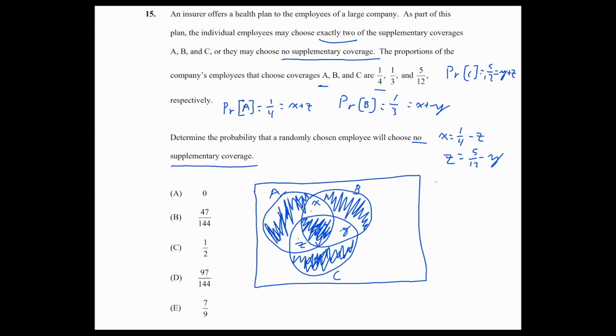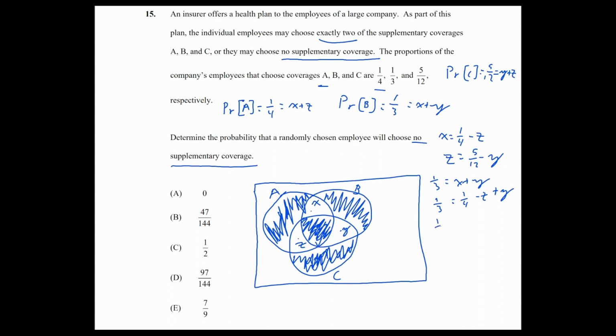So 1/3 is equal to X plus Y. That's going to be 1/3 is equal to 1/4 minus Z plus Y. And then now let's plug in Z here.